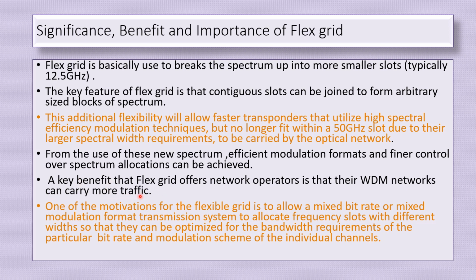If you use the fixed grid, there is a wastage of spectral space. If we need only 25 or 37.5 gigahertz channel slot spacing and we are using a 50 gigahertz slot, then there is a wastage of spectral space. That can be reduced in this flex grid.